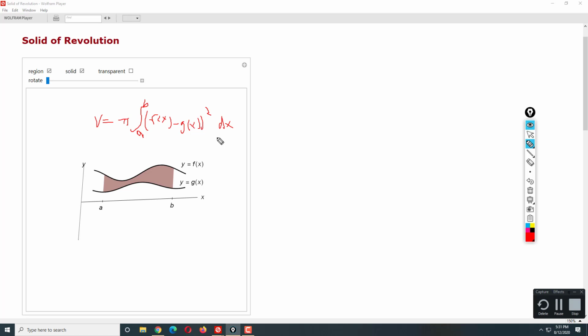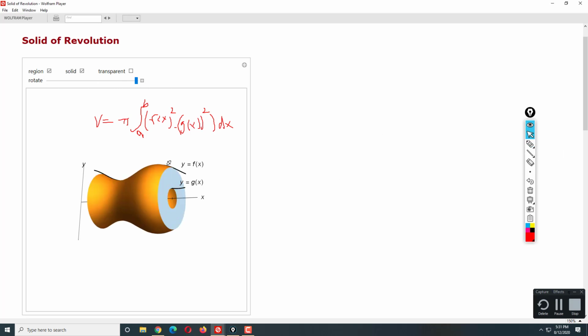Instead, what we're really looking for is f of x squared minus g of x squared, because we're subtracting the volumes, not the areas. Why? Because when we're rotating it, we have the volume of the big thing minus the volume of the small thing.